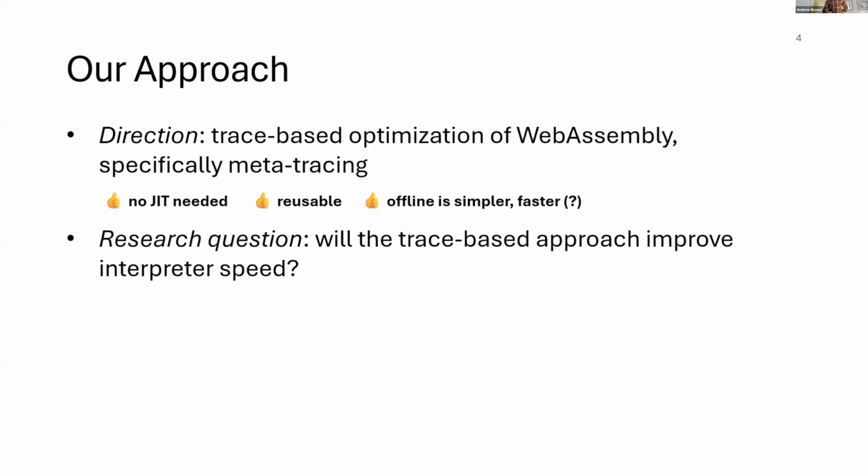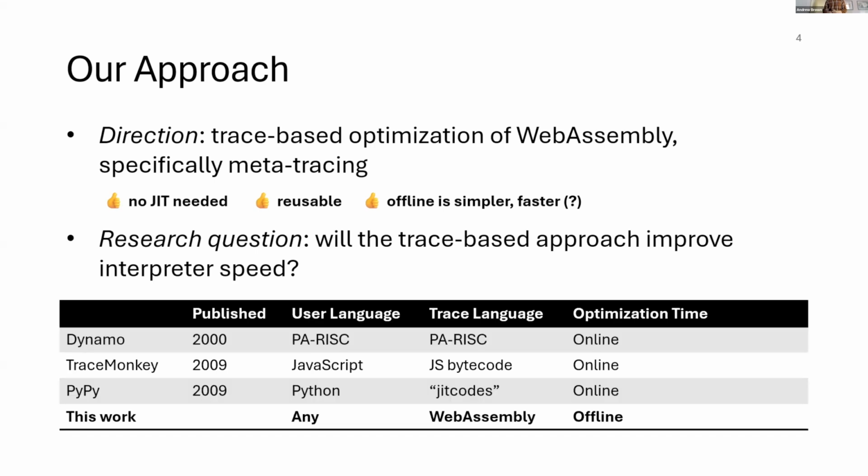And the primary question here is, can we improve interpreter speed using this approach? Let me just say here that there is a history of trace-based infrastructure, and I'll just briefly note that ours differs in that we expect our approach to apply to more languages than other systems and to work offline.